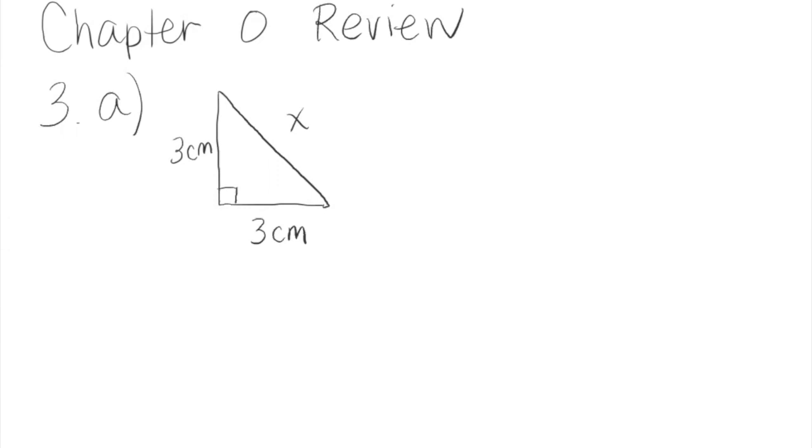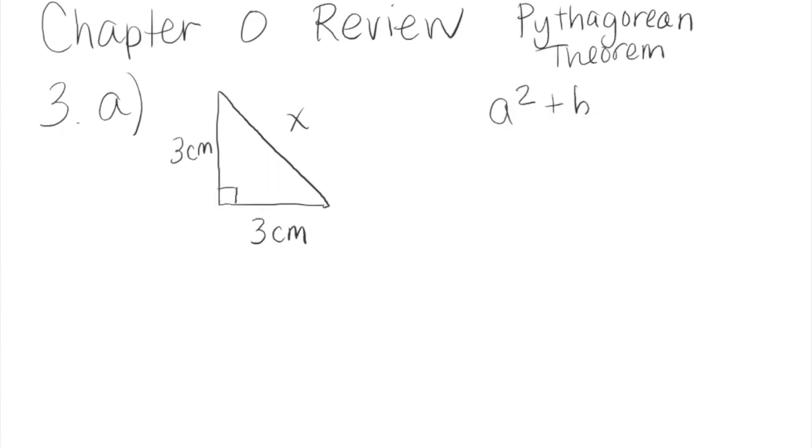Now let me just remind you what the Pythagorean theorem is. You have to know the theorem to be able to do the problem correctly. And you also have to be able to simplify and solve an algebraic equation using squares.